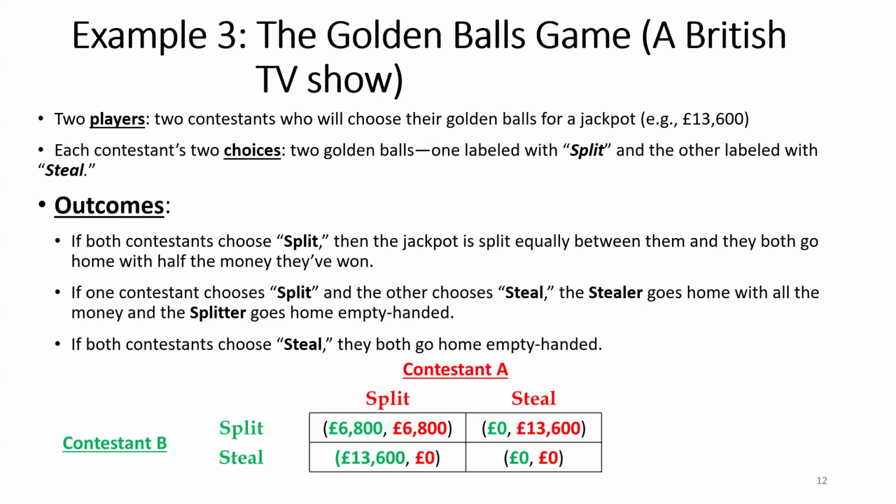If one contestant chooses steal and the other chooses split, then the one who chooses steal will receive the entire jackpot, 13,600 pounds. And the one who chooses split will receive nothing. Similarly, if both players choose steal, then both players get nothing. This is a normal form.